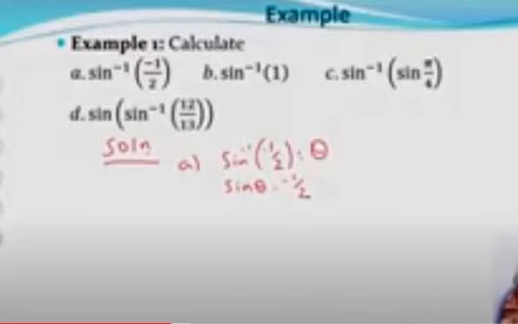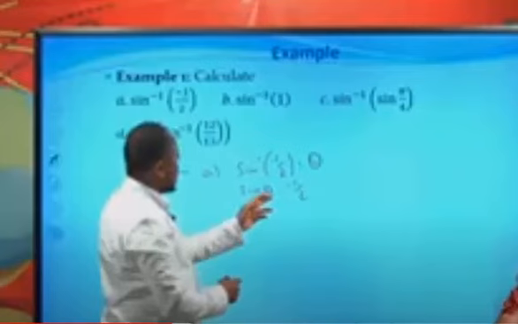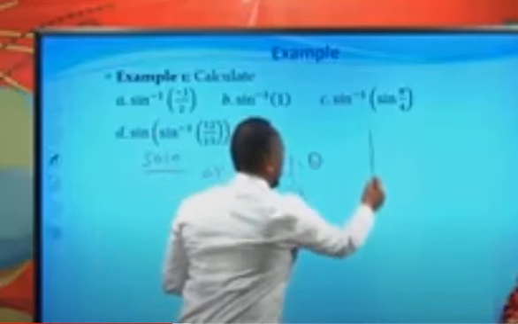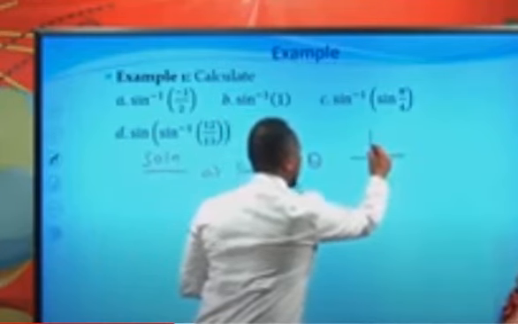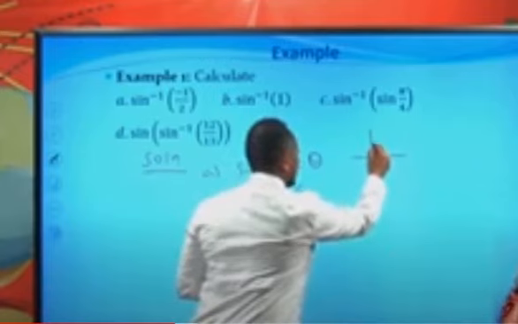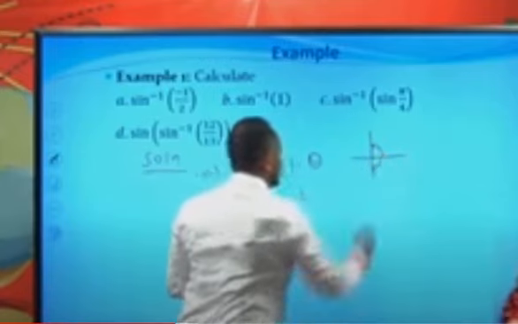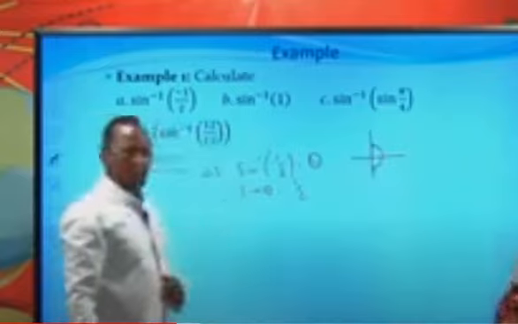Sine inverse function is defined on this interval, so negative 1 over 2 is found on this part only. On this interval, we need to find theta.